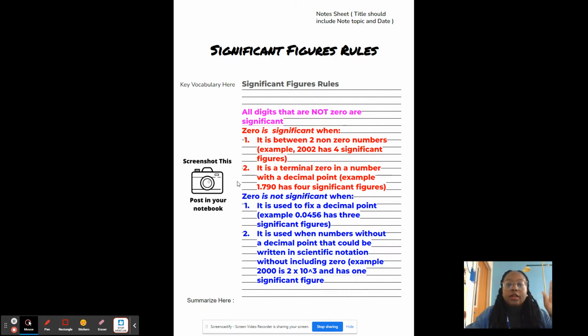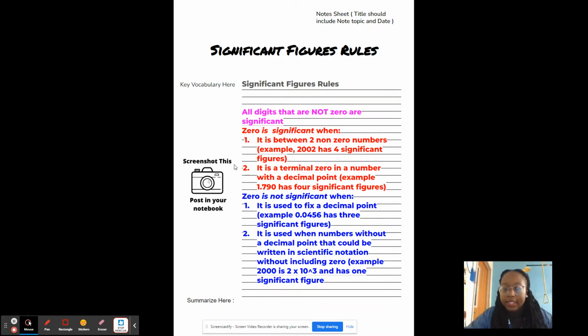Okay, all digits that are not zero are significant. So 1 through 9, if you see it in a number, it is already significant. Zero is significant when it is between two non-zeros. So like that 2002, those two zeros are relevant, important, accurate. And then when it is in a decimal, after the decimal point, it is considered significant.